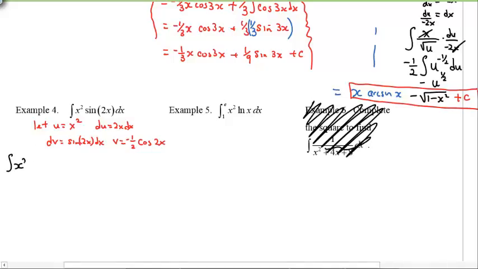Ultraviolet voodoo: uv minus the integration of v du. Half times 2 is just 1.